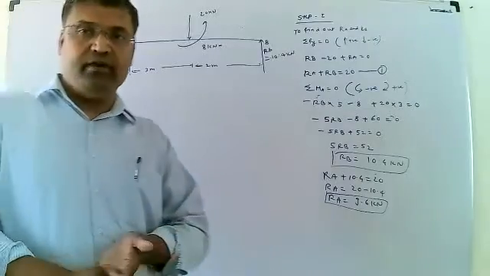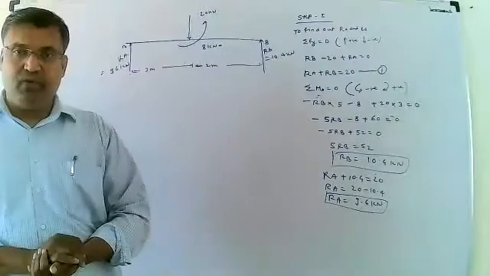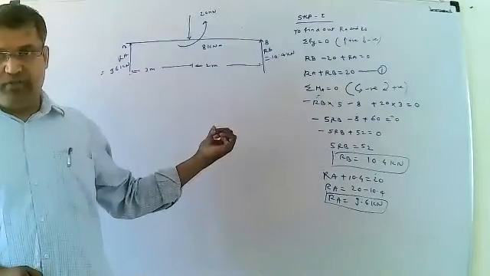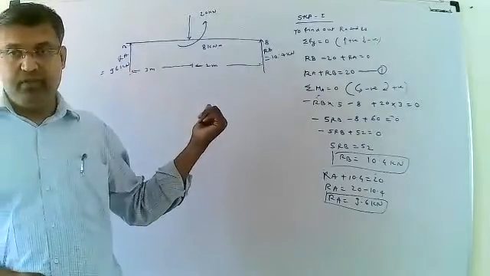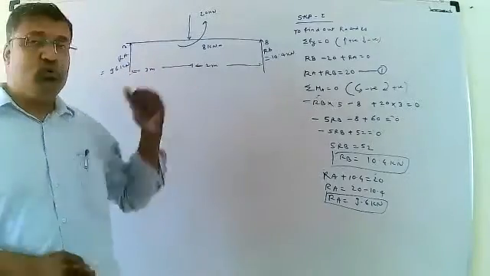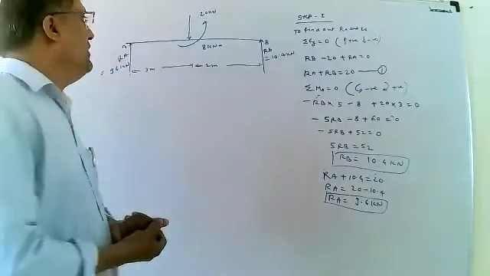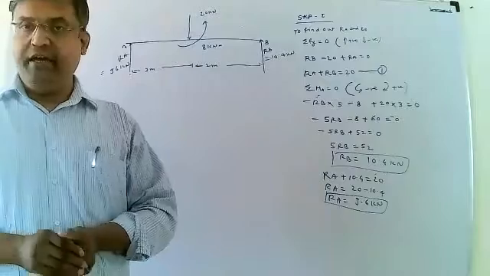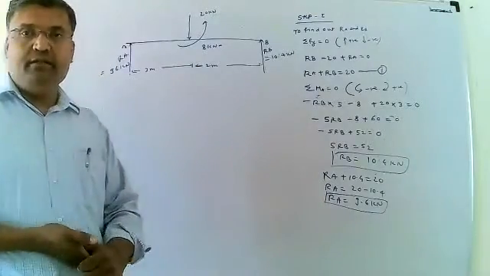According to the values of SF and BM, we can easily draw the SFD and BMD. Okay, this is the problem. The problem is a simply supported beam which is subjected to a point load and a couple. Then how to draw the SFD and BMD? That is the type of problem.